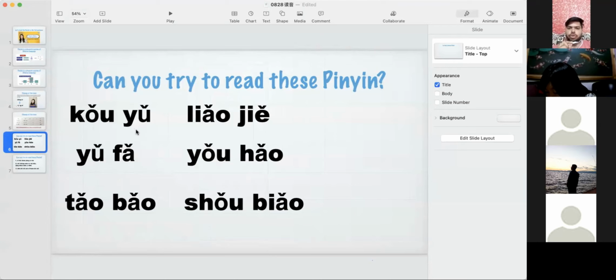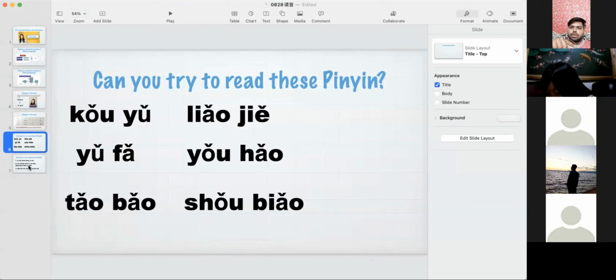口语, yes. 了解, yes. 语法, yes. 友好, yes. 淘宝, no. This one you pronounce the first tone. 淘宝, yes, perfect. 手表, yes.